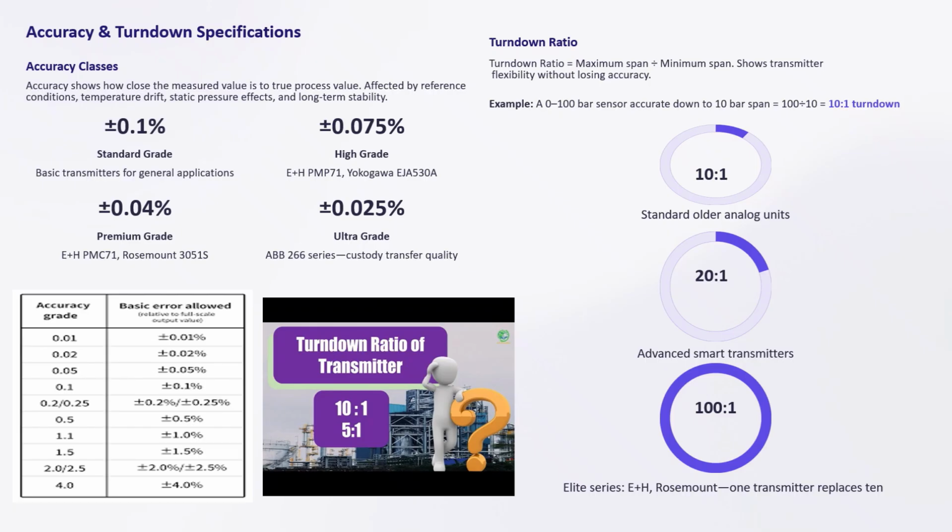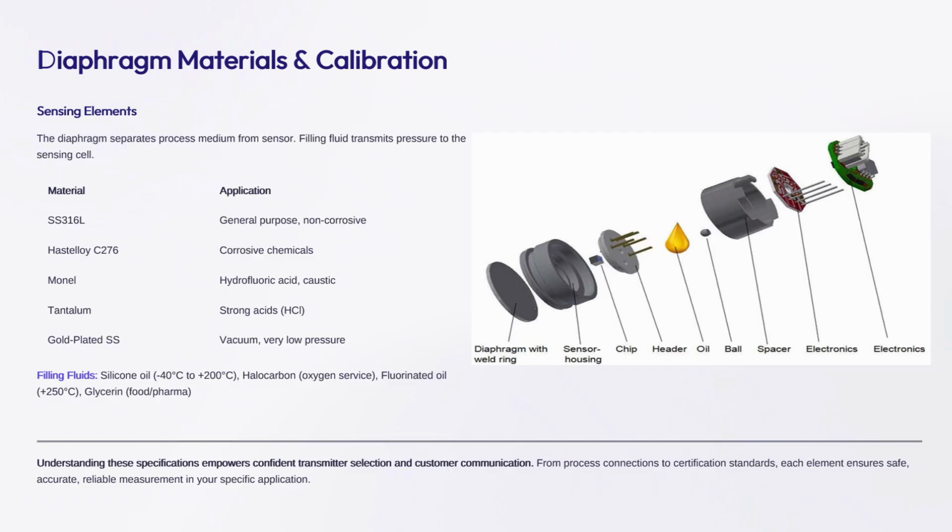Diaphragm and filling fluid. The diaphragm is the first surface that touches the process, and the filling fluid transmits pressure to the sensing cell. Different diaphragm materials serve different applications. Stainless steel 316L for general-purpose fluids.